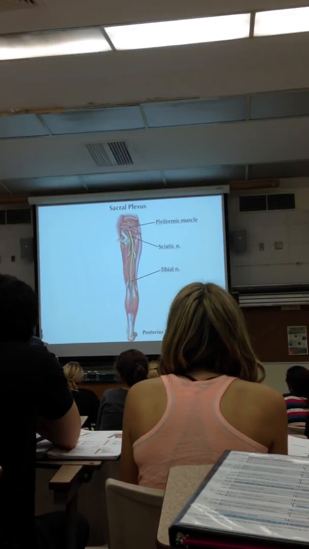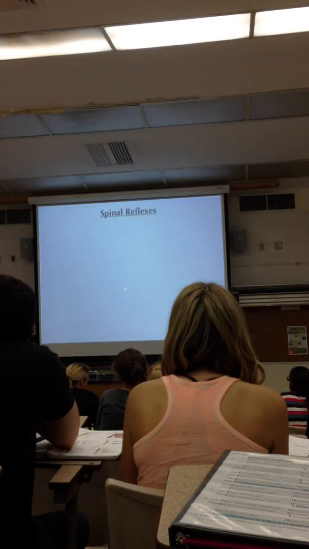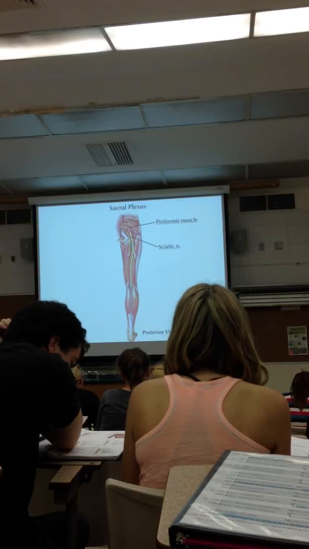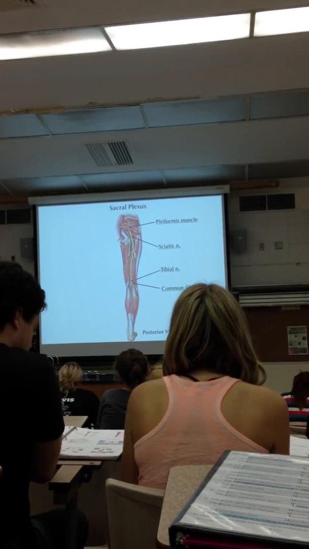It could be different places. But as soon as the sciatic splits, the one that stays posterior is the tibial, and then this is the common, and then the common is going to branch into a superficial that stays on the outside of the fibula.